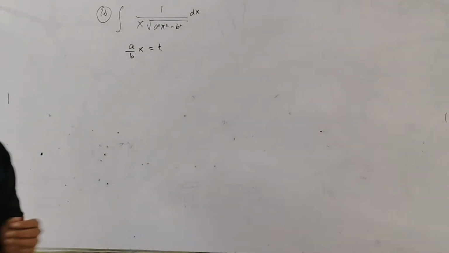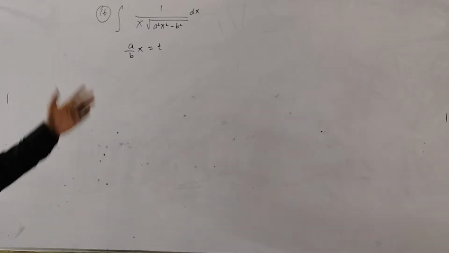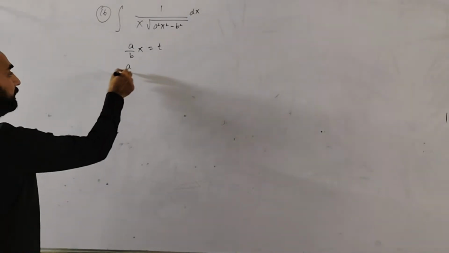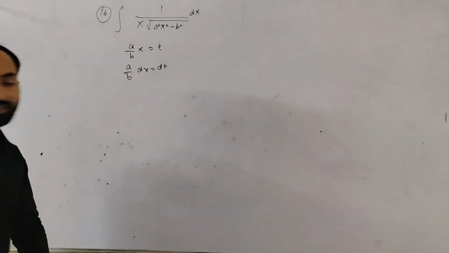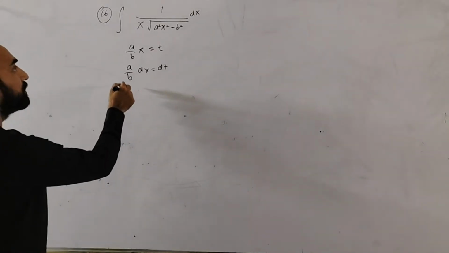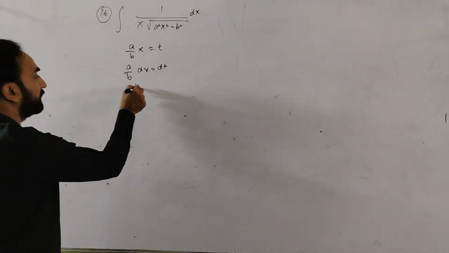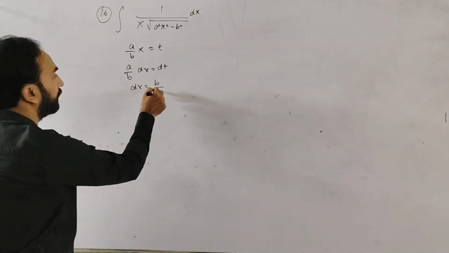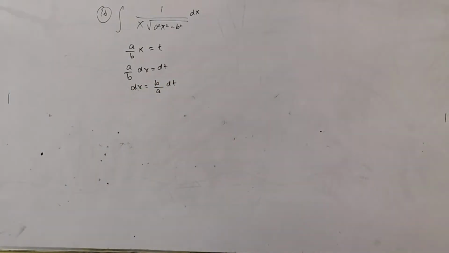Differentiating, a by b is a constant, so dx is equal to dt. So dx can be written as b by a dt.